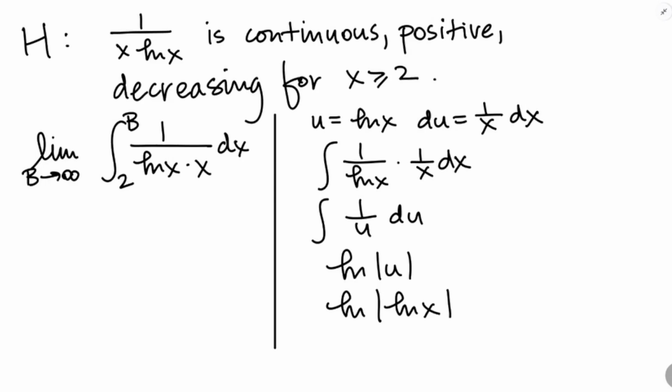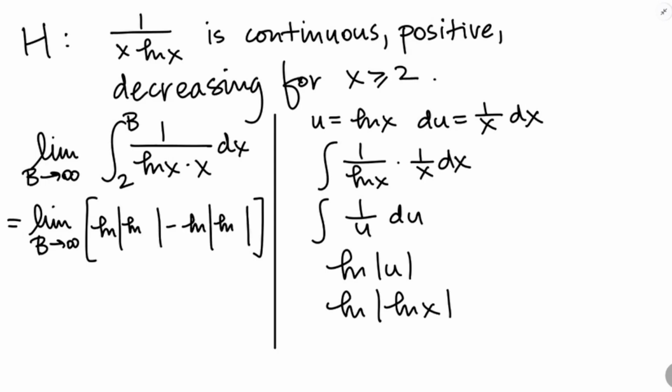This limit on the left is equal to a limit as b approaches infinity of the difference of what happens when I plug b into my antiderivative minus what happens when I plug 2 into my antiderivative. So I might copy in the antiderivative and then plug in b and 2, and then think about what happens as b approaches infinity.